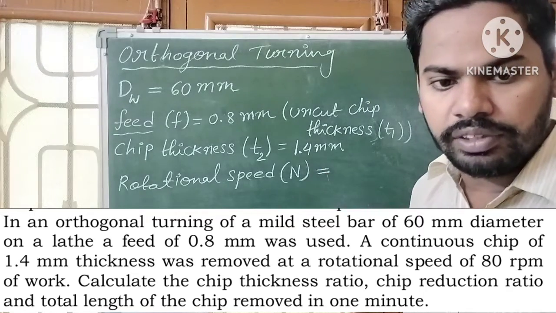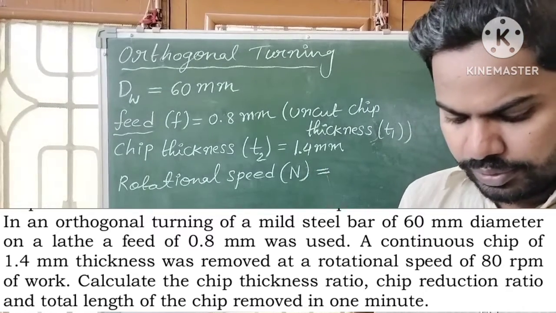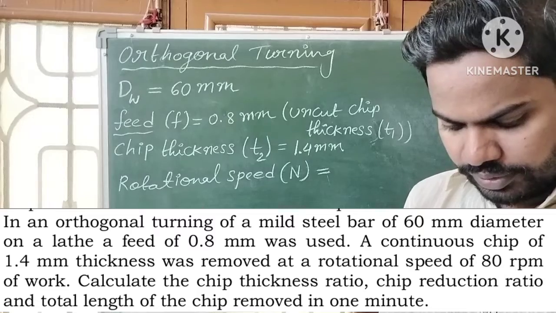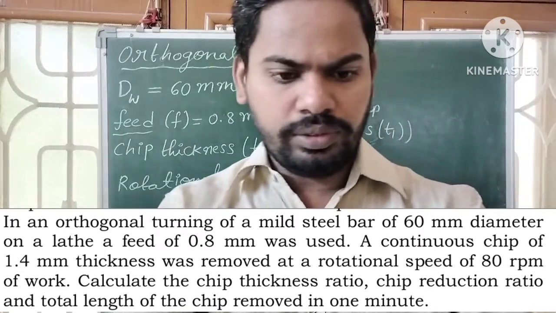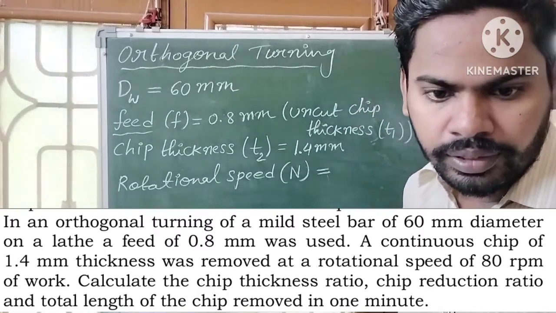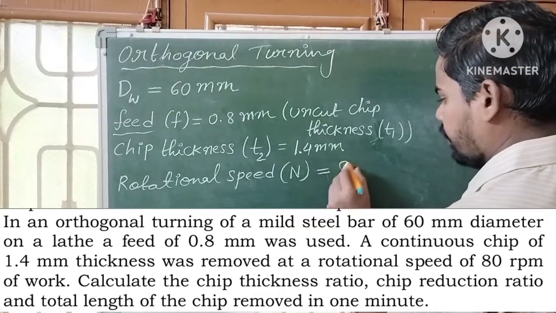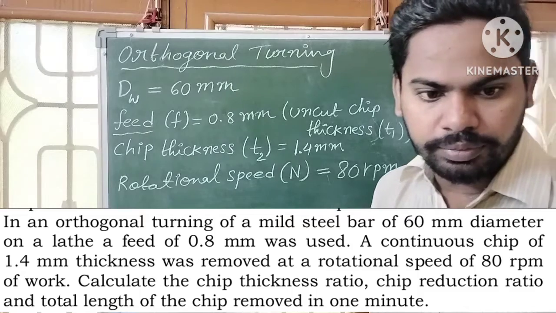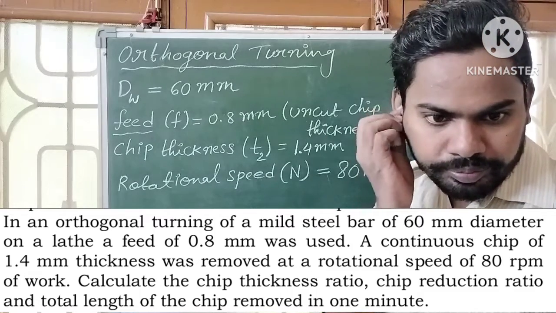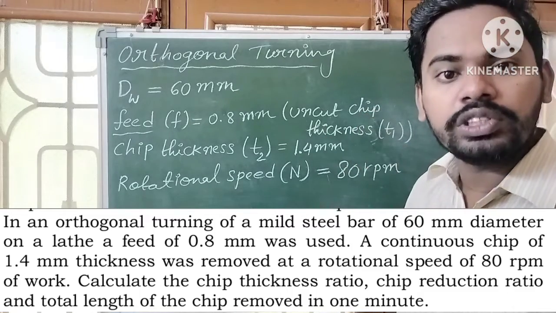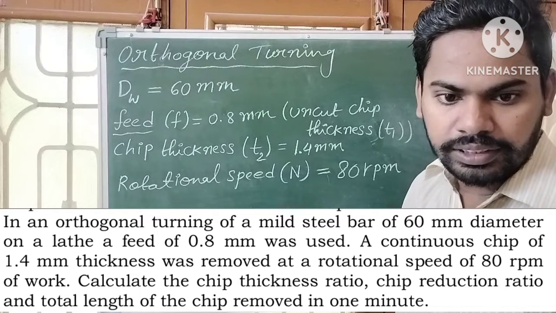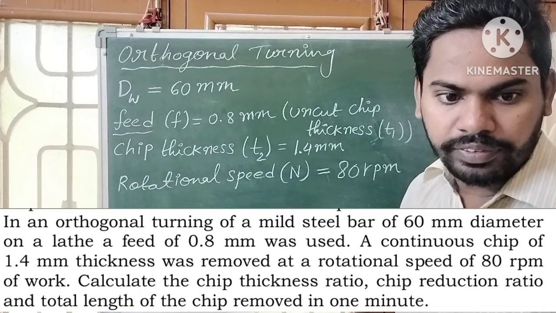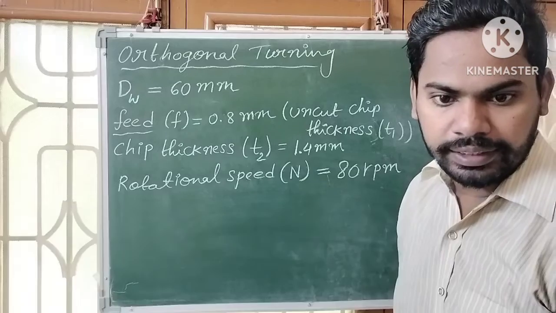So how much is the rotational speed given? The rotational speed is 80 rpm, 80 revolutions per minute. So here we produce continuous chips, at a rotational speed of 80 rpm of work.